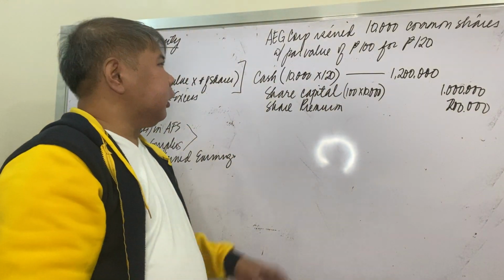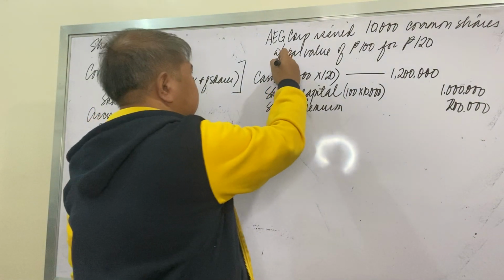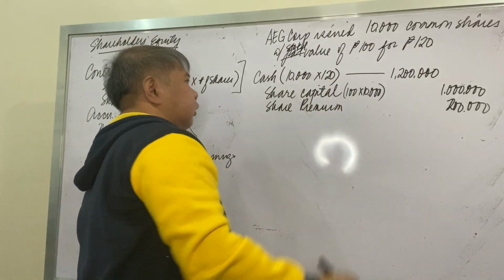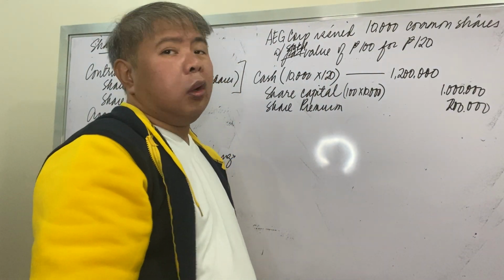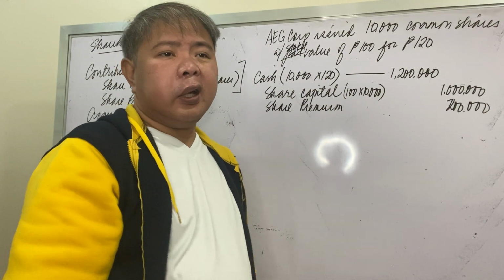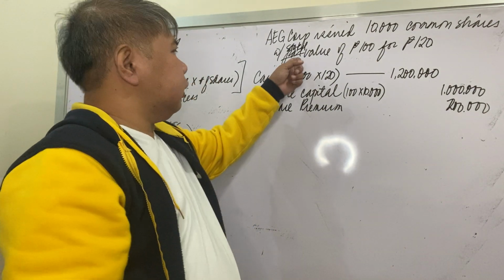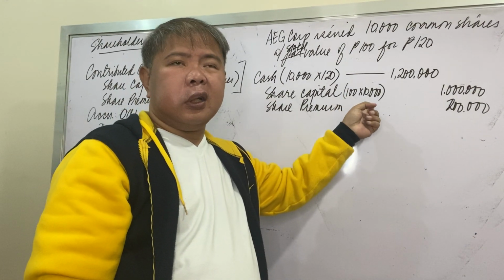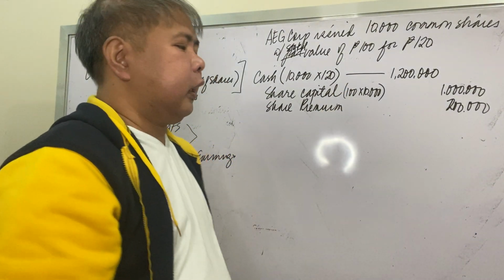Now, what if this is not par value, but rather it's stated value? Stated value of 100. So the common shares don't have any par value, but they have a stated value. In which case, the same thing will happen. We will credit the share capital up to the extent of the stated value.